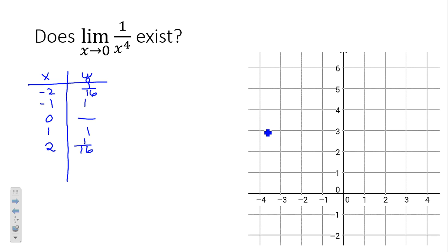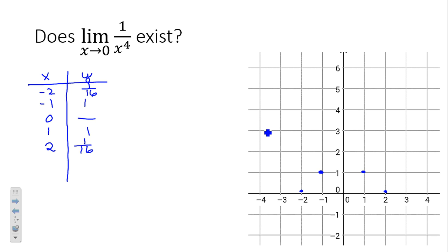1 over +16. Okay, so what's happening here at -2 for x, we're at +1/16. So we're really close to the x-axis. At -1, we're at 1. And at 0, we don't know, but at +1, we're at 1. And at 2, we're at +1/16. Okay?